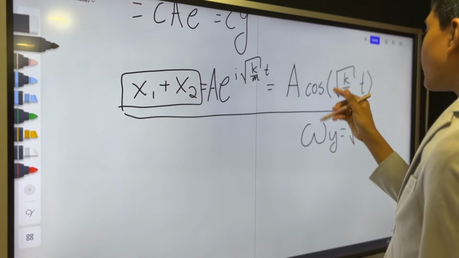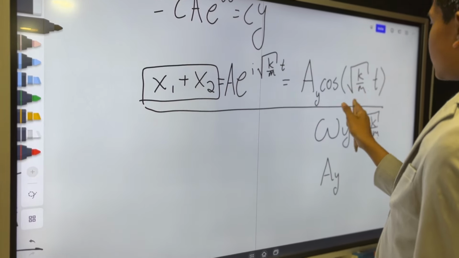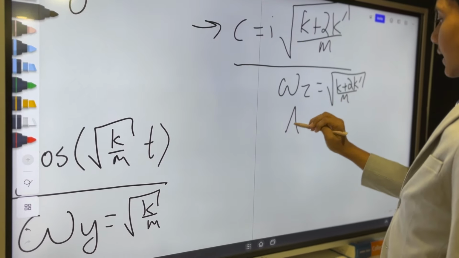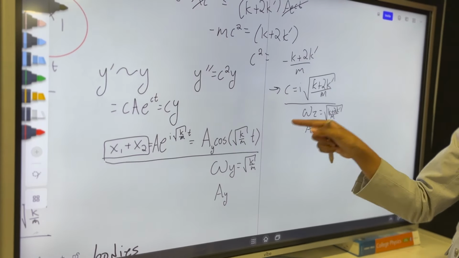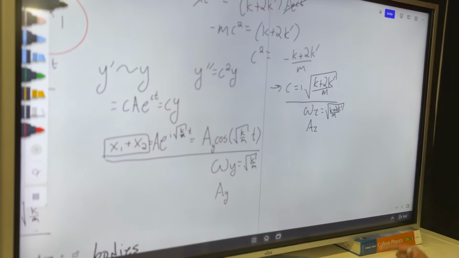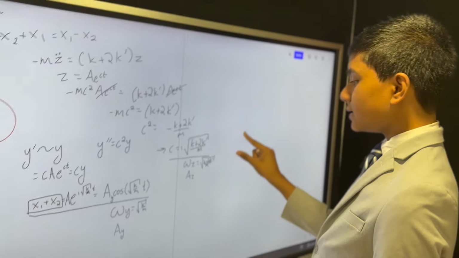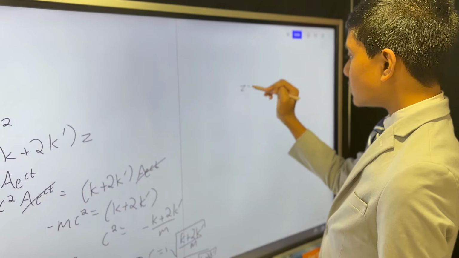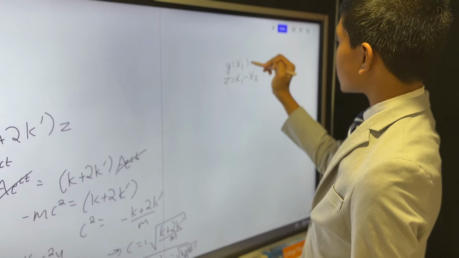And in the same way, I'm going to term ay as this, and az as well, what's going to come out of this. And we can also add a phase shift if we want, but I'm not going to do that right now. So that means that in the end, we have z equals x1 minus x2, and y equals x1 plus x2.